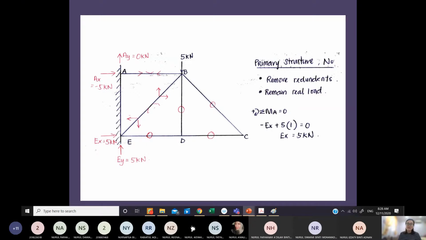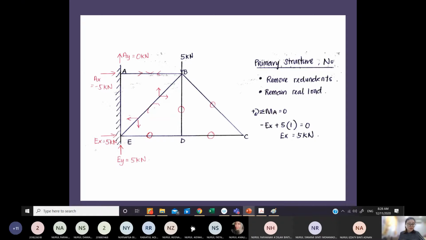I can first determine the support reactions, because now the support reactions can be easily determined. A few of you have texted me and told me that they cannot solve the support reaction for the given truss, and asked what they should do.